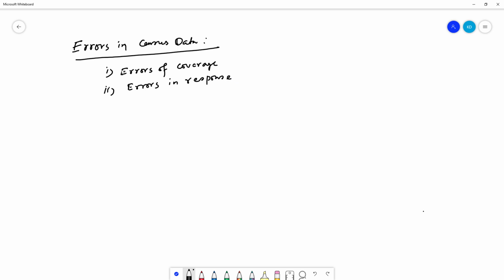Errors of coverage. During a census, some individuals or even some families may be left out of the count, while some others may be erroneously included or included more than once.